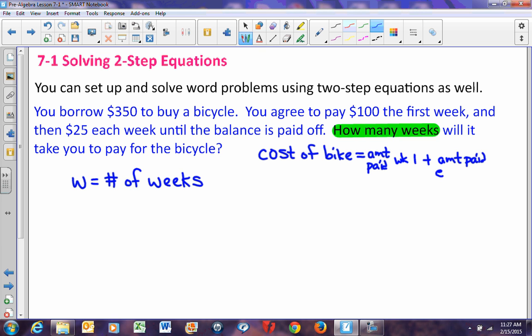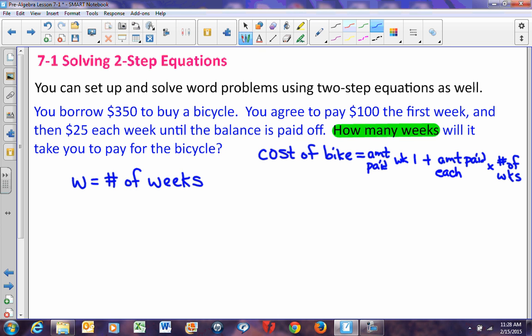The amount paid each week multiplied by the number of weeks that I have to pay it off. So the total cost of my bike is the amount paid for the first week plus the amount paid each week times the number of weeks I have to pay that.